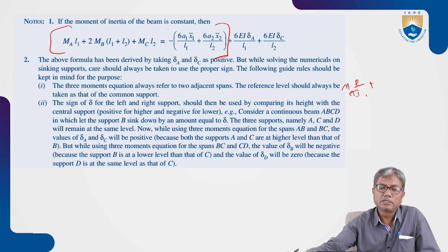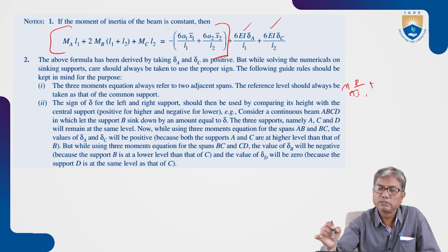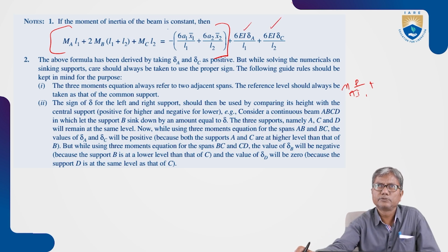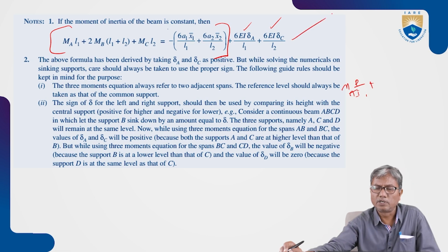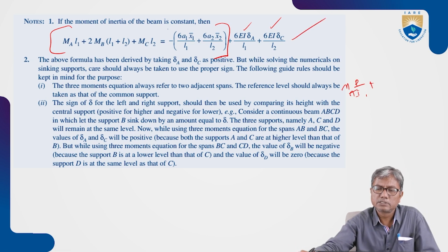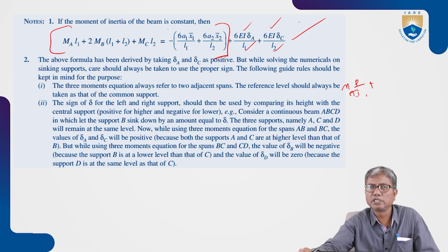Now, due to sinking, the equation changes. The three moment equation takes this form. That means here the terms 6EI delta A by L1 plus 6EI delta C by L2, these two terms are added on the right hand side. The derivation part we are not going to discuss.